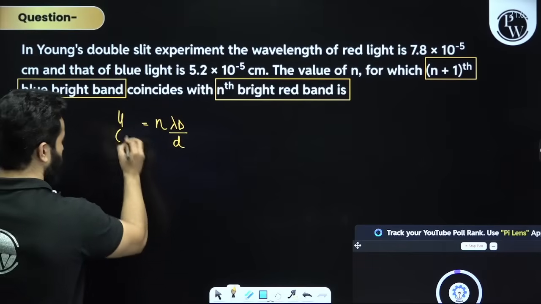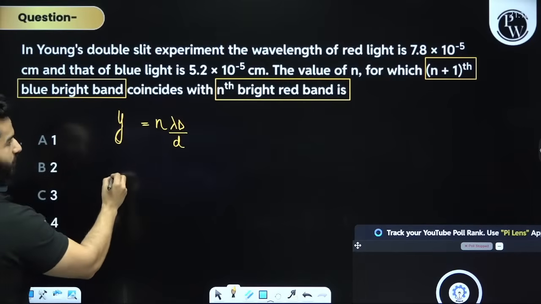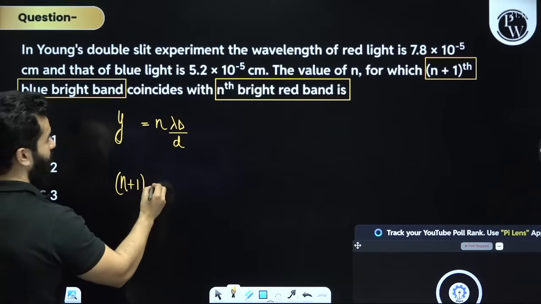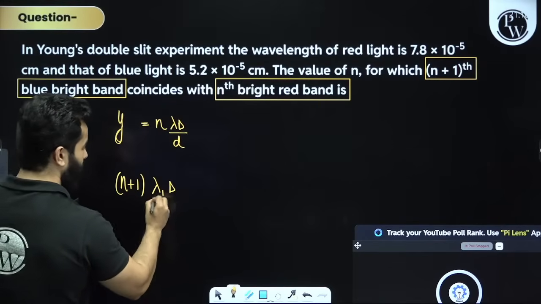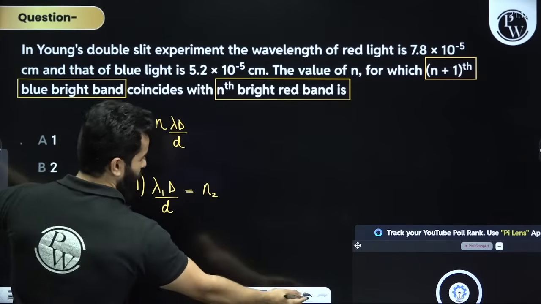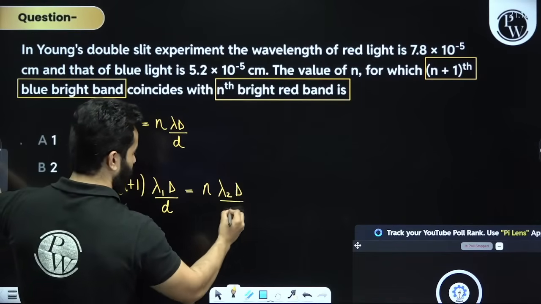I am talking about for constructive interference. So now for that one we are going to write n plus 1 lambda 1 capital D divided by small d is equal to n2, and for n2 we are going to write n times lambda 2 capital D divided by small d.